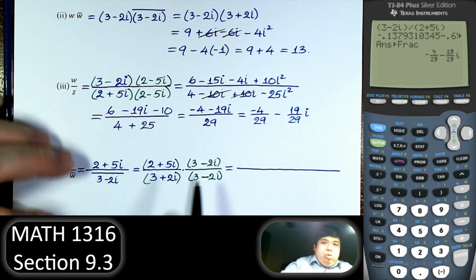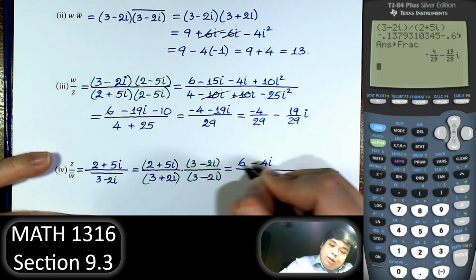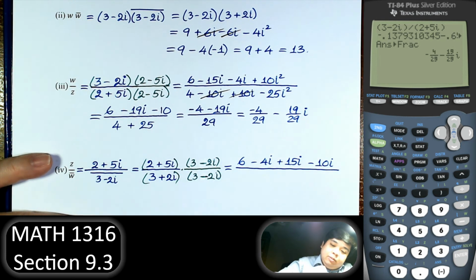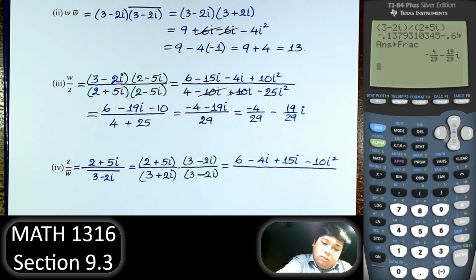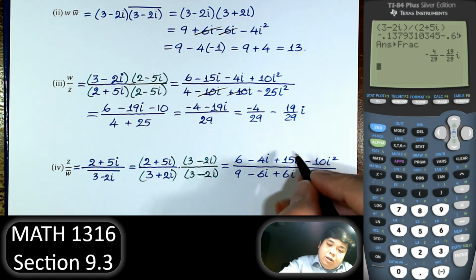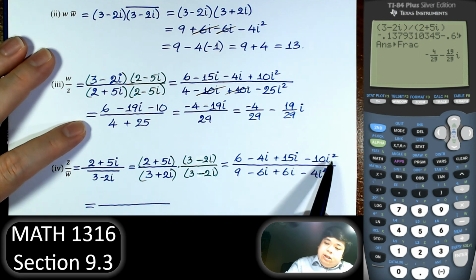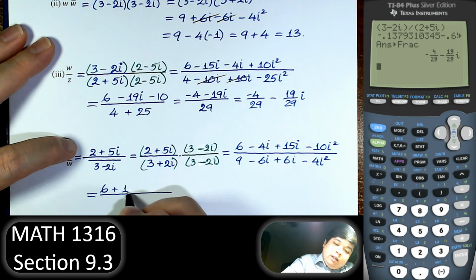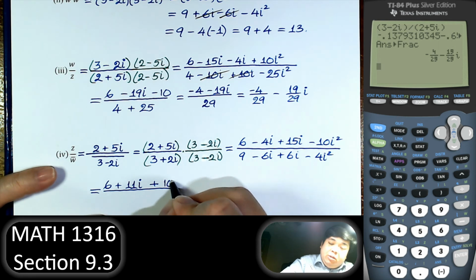Of course, now we get used to it. We can just skip a few steps, but I'll multiply them out. 2 times 3 is 6, minus 4i, plus 15i, minus 10i squared. 3 times 3 is 9, minus 6i, plus 6i, minus 4i squared. i squared is negative 1, so we have 6, that is 11i after combining like terms, and minus 10i squared, that is plus 10, because i squared is negative 1.